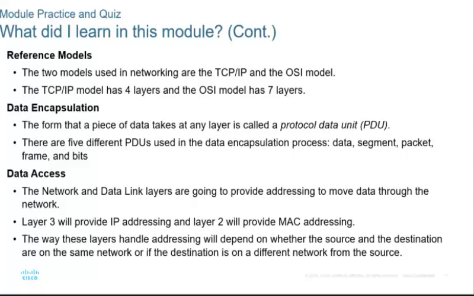We also discussed data access, and we said the network and data link layers provide addressing to move data through the network. So layer 3 will provide IP addressing, and layer 2 will provide MAC addressing. How these layers handle addressing will depend on whether the source and the destination are on the same network or on different networks.